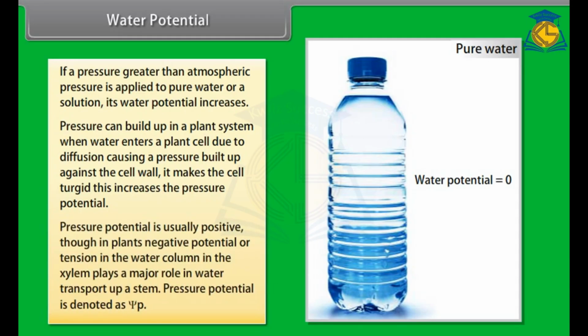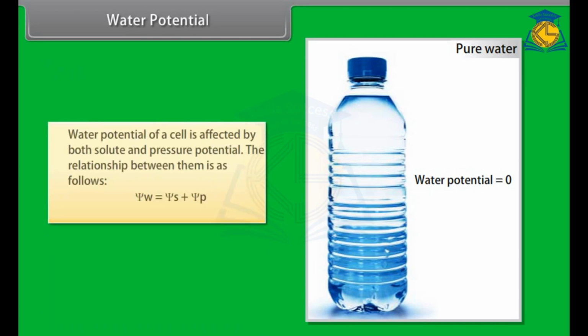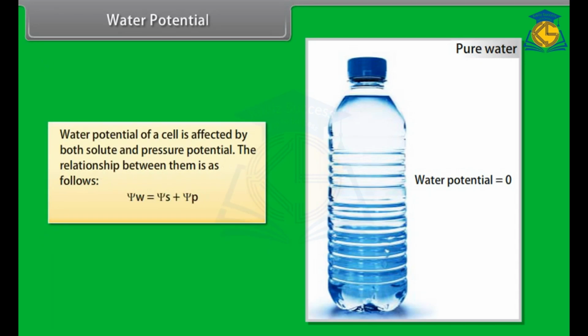Pressure potential is usually positive, though in plants, negative potential or tension in the water column in the xylem plays a major role in water transport up a stem. Pressure potential is denoted as psi p. Water potential of a cell is affected by both solute and pressure potential. The relationship between them is as follows.